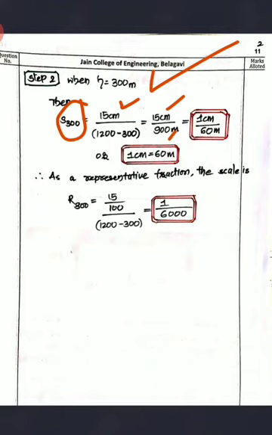That equals 1 centimeter on the map equals 60 meters on the ground. Means 1 centimeter on the photograph equals 60 meters on the ground.